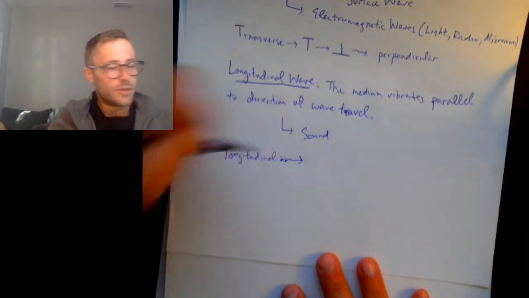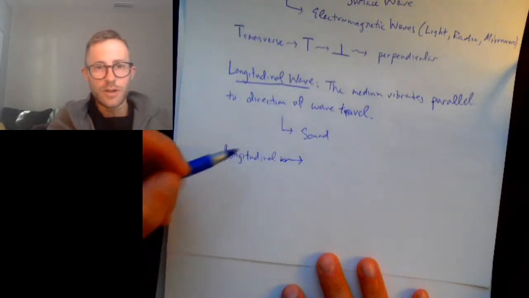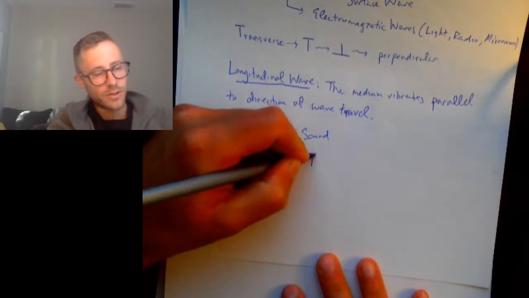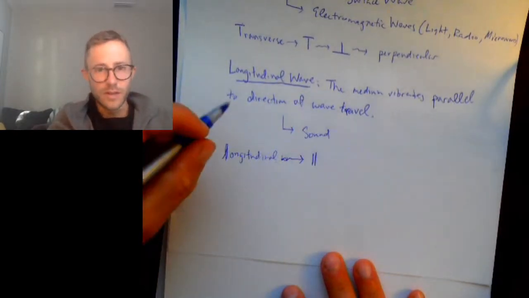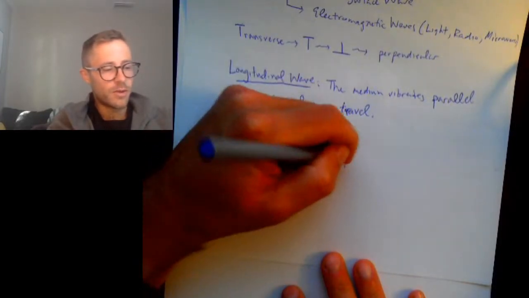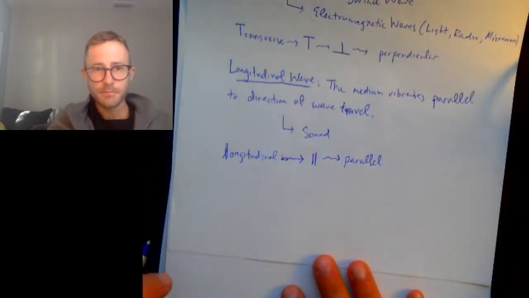If we look at longitudinal, it begins and it ends with an L. If I put the first letter and the last letter together, it looks like this. And that is the same symbol you use in your math class for parallel.